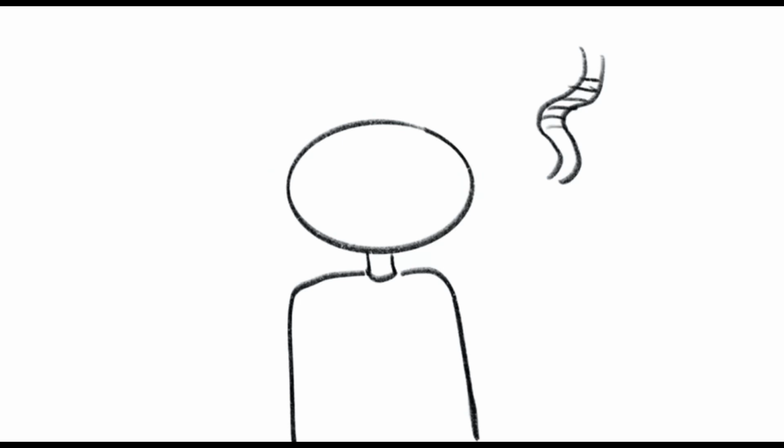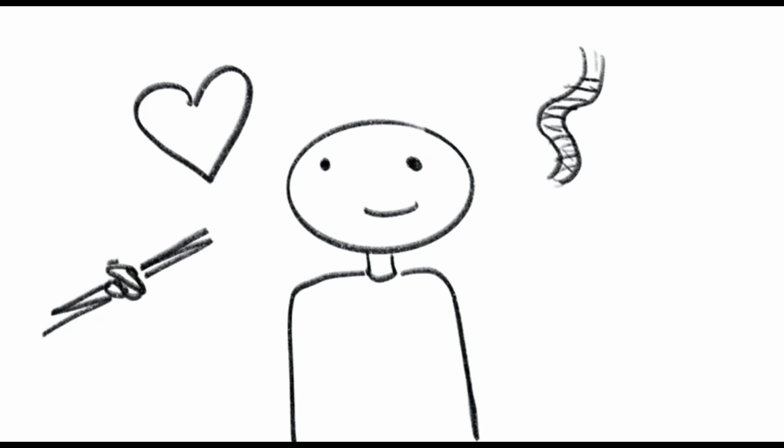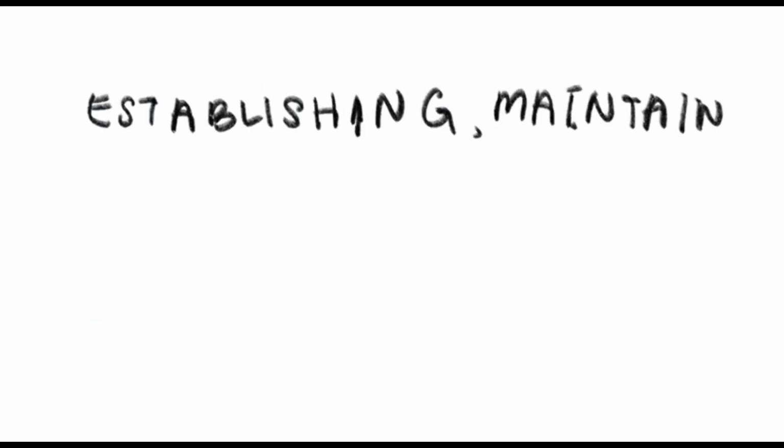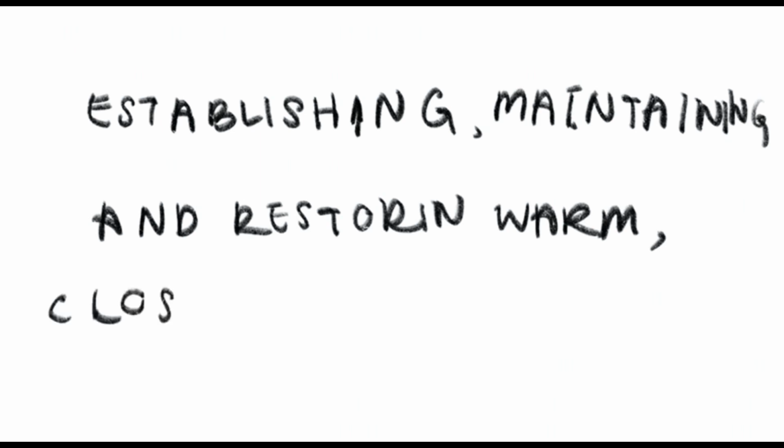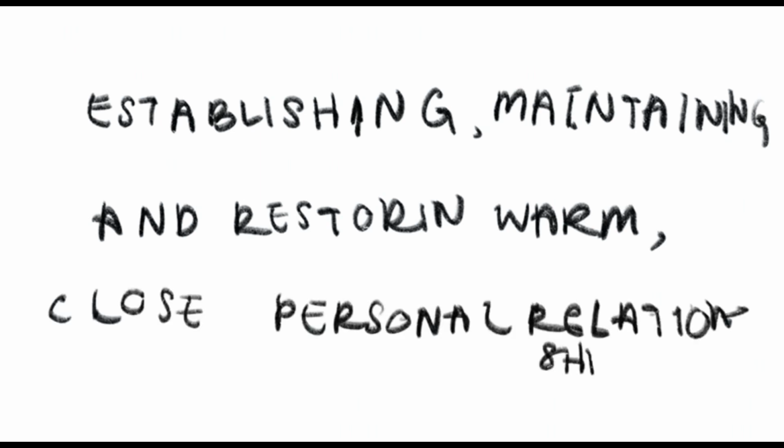Then the last one, the social perspective. The social perspective is motivated by the need for affiliation or relatedness and being securely connected with other people. This involves establishing, maintaining, and restoring warm, close personal relationships.